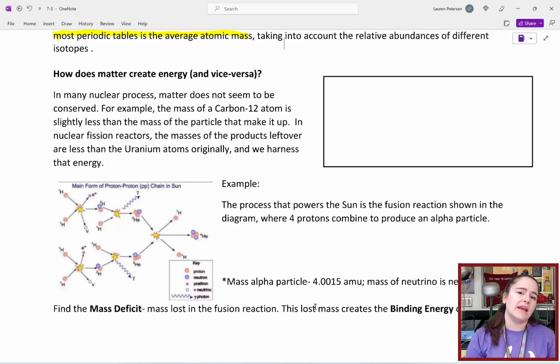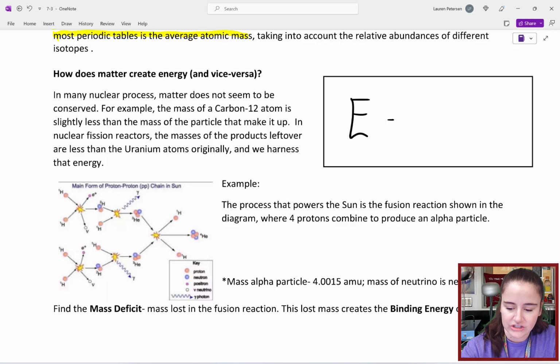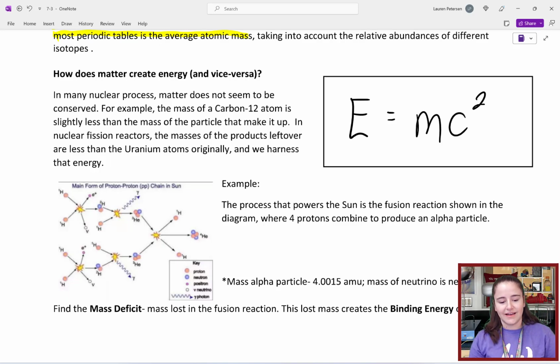We weren't getting a complete conservation of mass. Thus, the conservation of mass was replaced with the conservation of mass-energy, where E equals mc squared. In a process, some mass might get converted to energy. There is energy contained in that mass, so if we lose that mass, we get the energy.